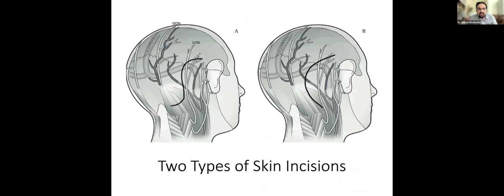So the two types of skin incisions which are used, one is the lazy S incision and the other is the C incision. Now both of these incisions have their pluses and minuses. Let's first look at the pluses.